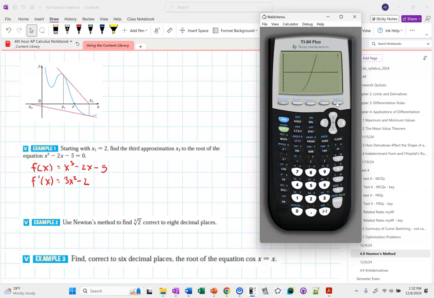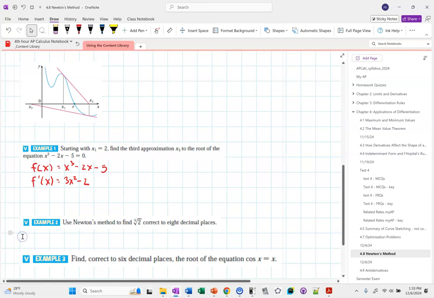So here's x equals 2. So it's drawing in my approximation. If I look at the exact value there, if I want to find out what that actual 0 is, pretty good, right? Now, did it help that we started with a value that was already really close? Yeah, but it'll do.